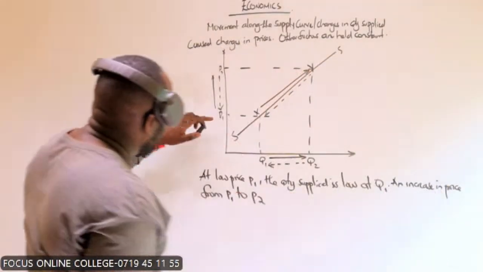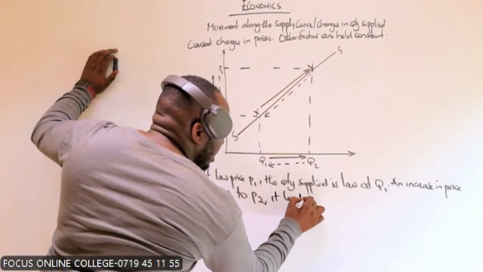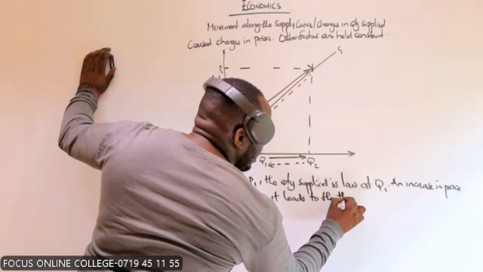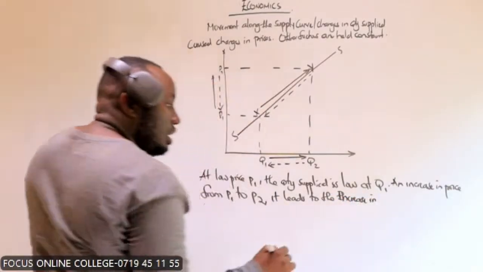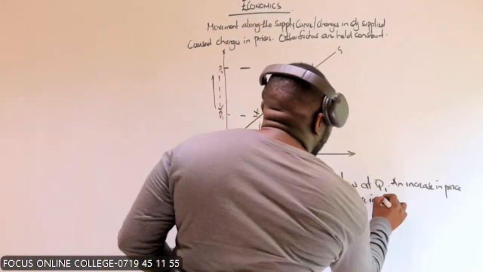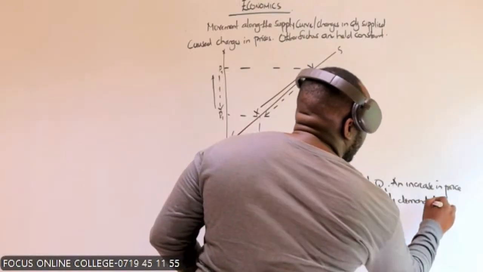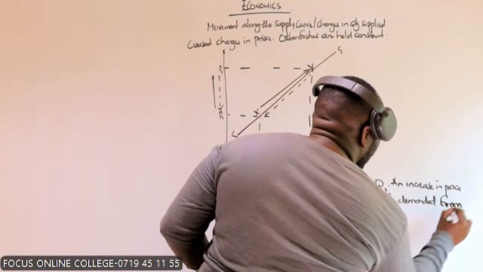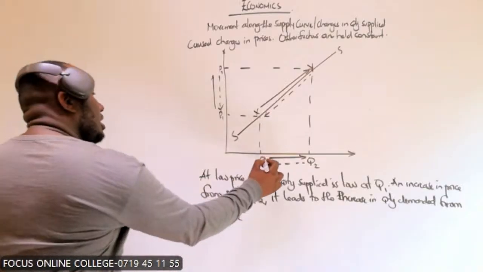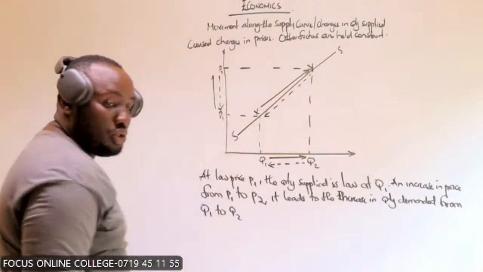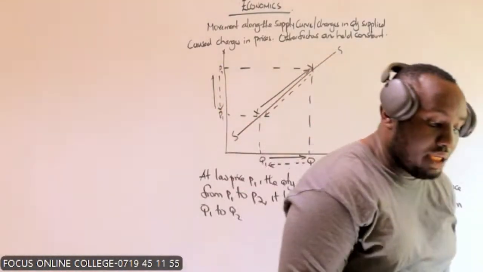When you increase the price from P1 to P2, it leads to an increase in quantity supplied, from Q1 to Q2.